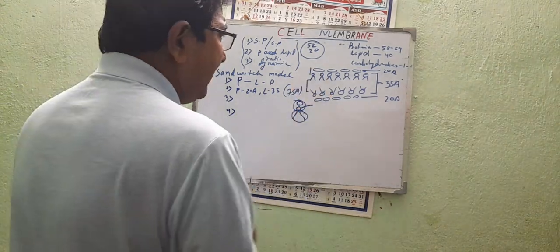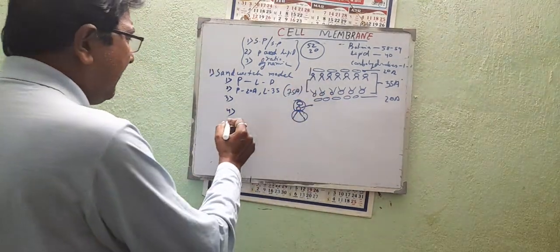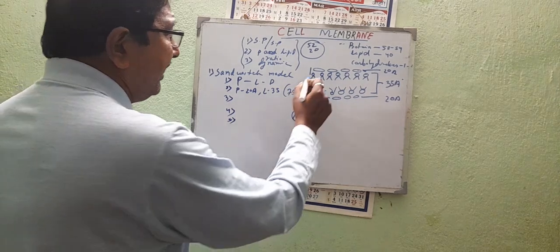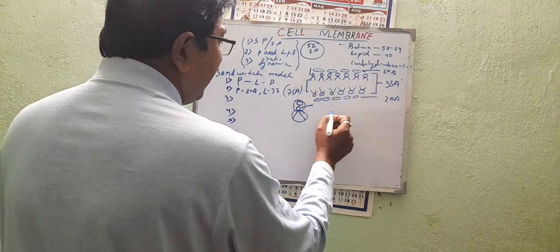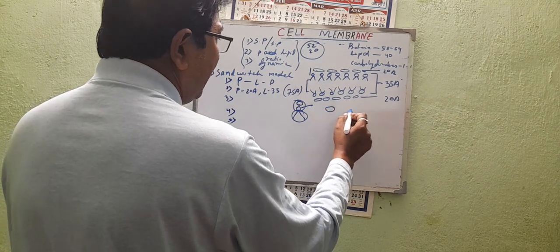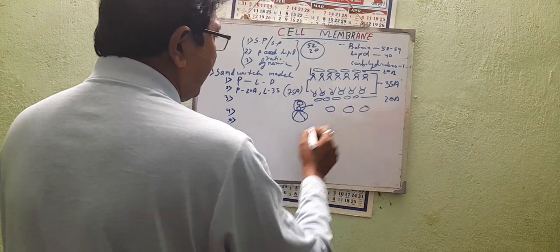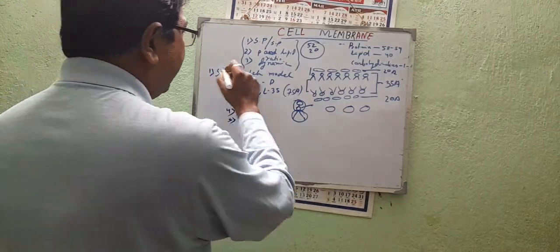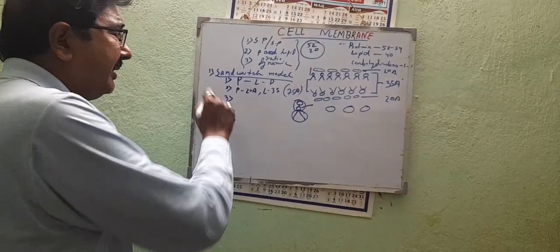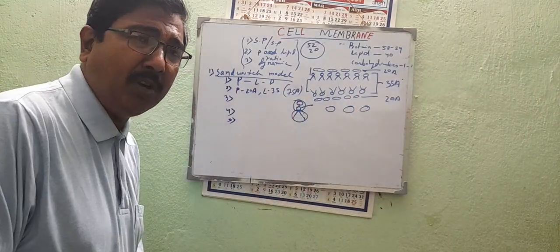These two bonds are present. And according to the sandwich model, this protein is alpha globular protein. That's the sandwich model.